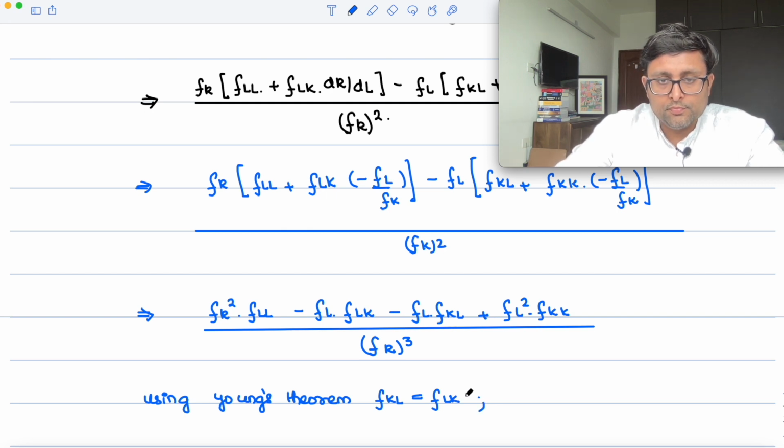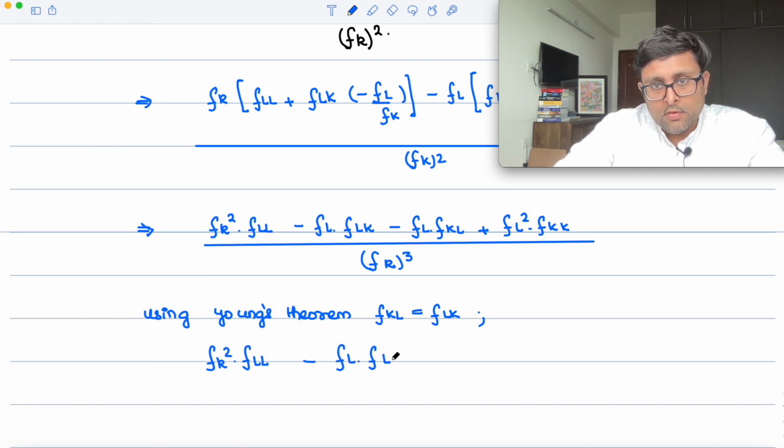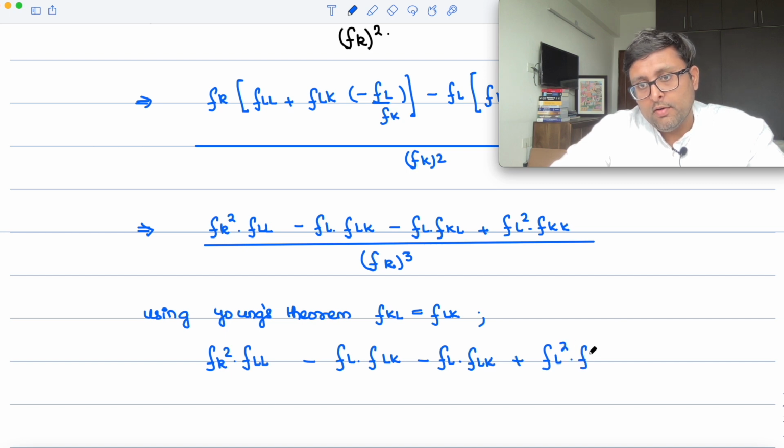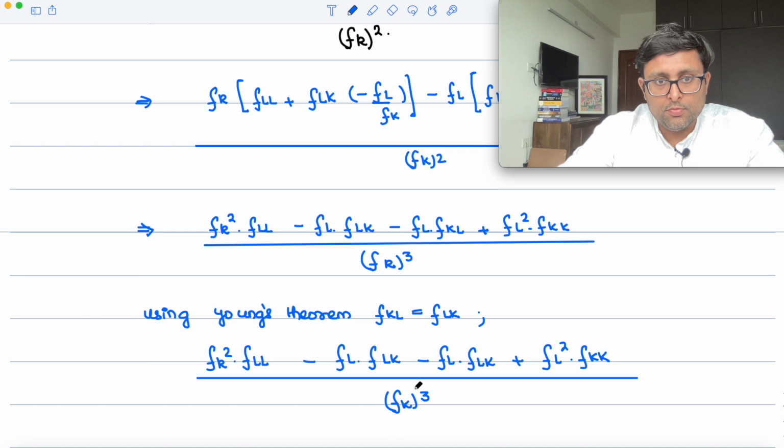So this becomes FK square FLL minus FLK minus FLK plus FL square FKK, whole upon FK cube.